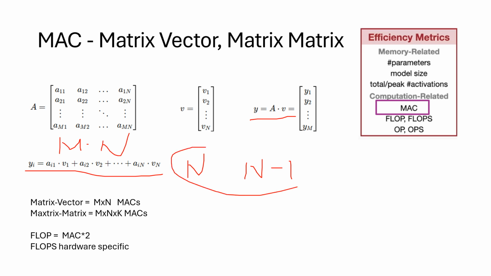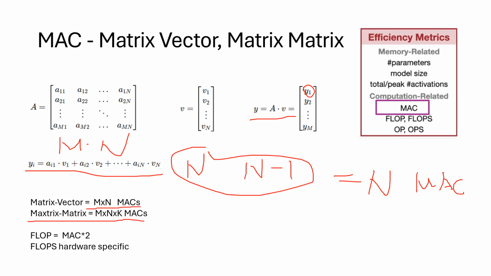All combined together, this actually equals n MAC. That tells us for one dot product, one element in this vector, we need to do n MAC. Now we have m elements here, so in total it's m times n MAC.